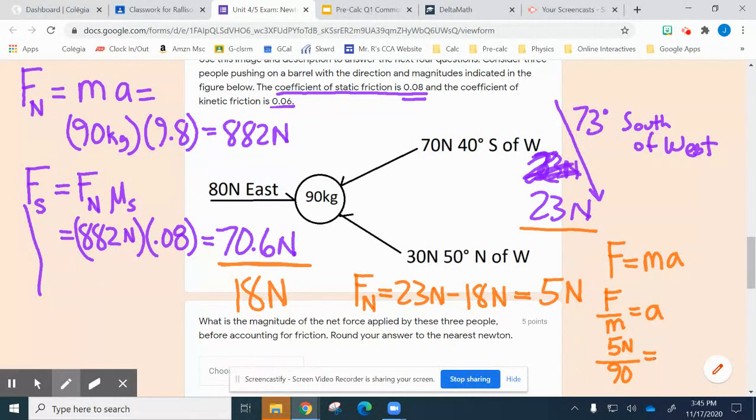So the acceleration, in this other case, and this is just teaching now, is 5 divided by 90. The acceleration would be 0.05, and that's a repeating 5, so we would just leave that at 0.06 meters per second squared. Not too fast, but that's not much force, is it? So that is the way that goes.